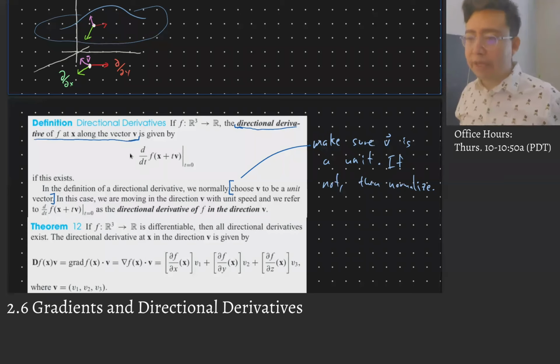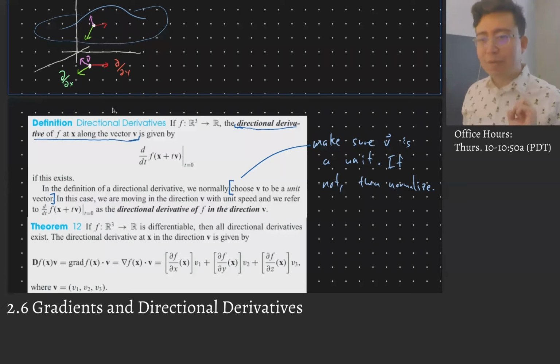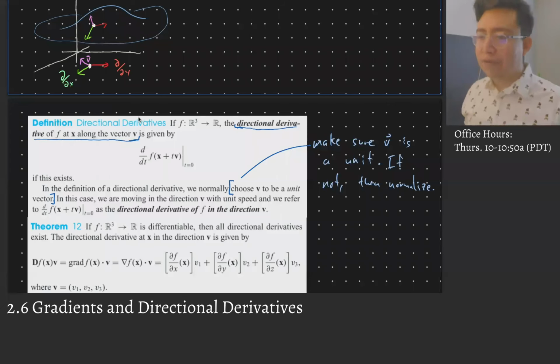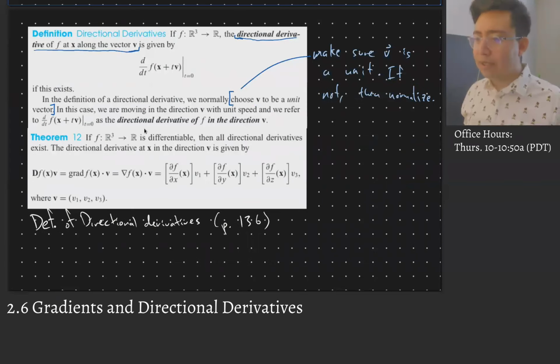So we want it to be moving at unit speed, so we just normalize any vector that we take the directional derivative of. We don't want to overcompensate by taking a super long vector, which would make the derivative super big because the vector goes super, super fast. I'll have some better pictures for us tomorrow, but that's the idea I want to give here.